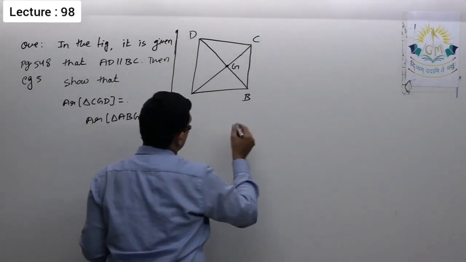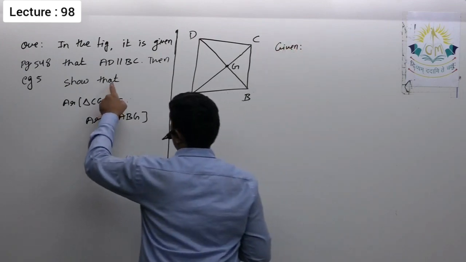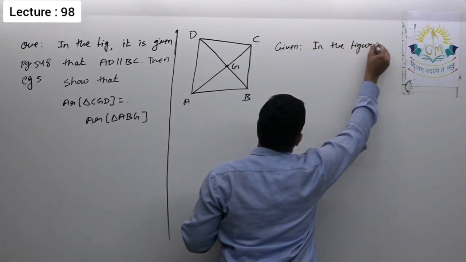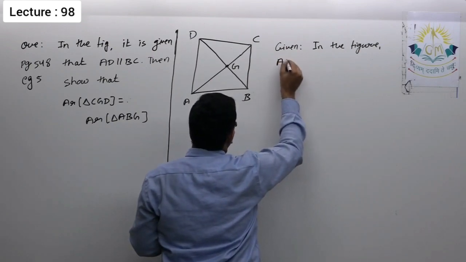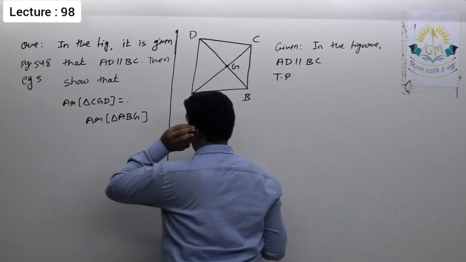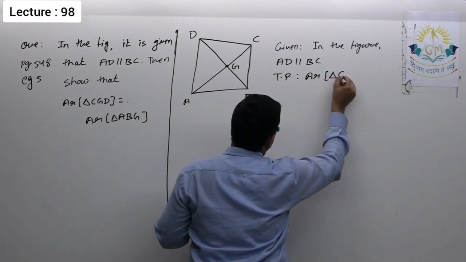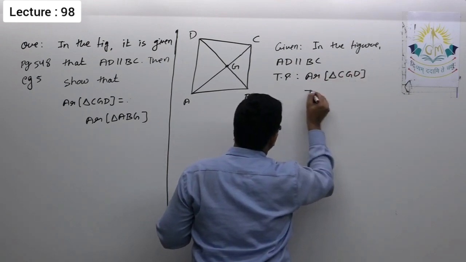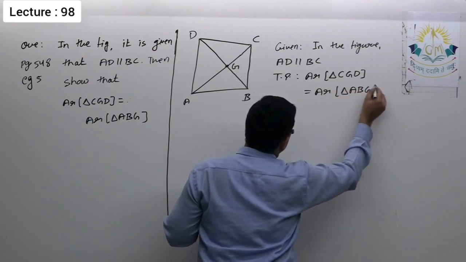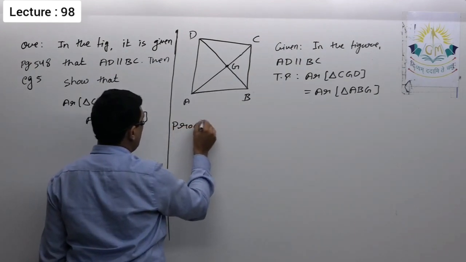So here what we have given in the figure is AD parallel BC. To prove, area triangle CGD is equal to area triangle ABG, that we have to prove. So let us see its proof. It's not that much difficult.